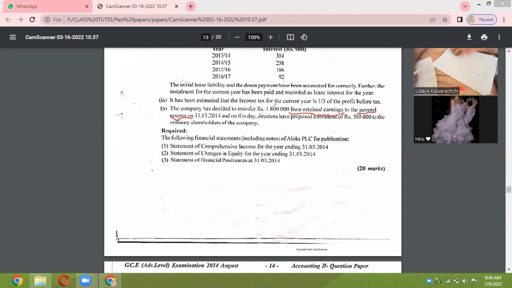Right? You have to transfer 1000 from retained earnings to general reserve. That means you have to deduct 1000 from retained earnings and add 1000 to general reserve. Okay.